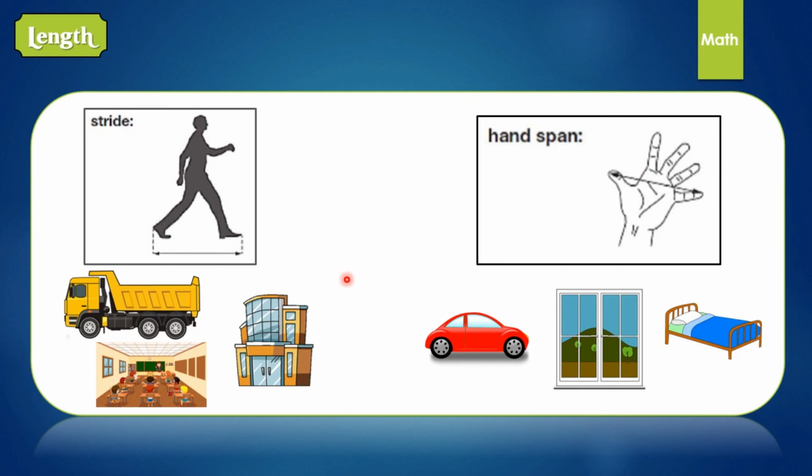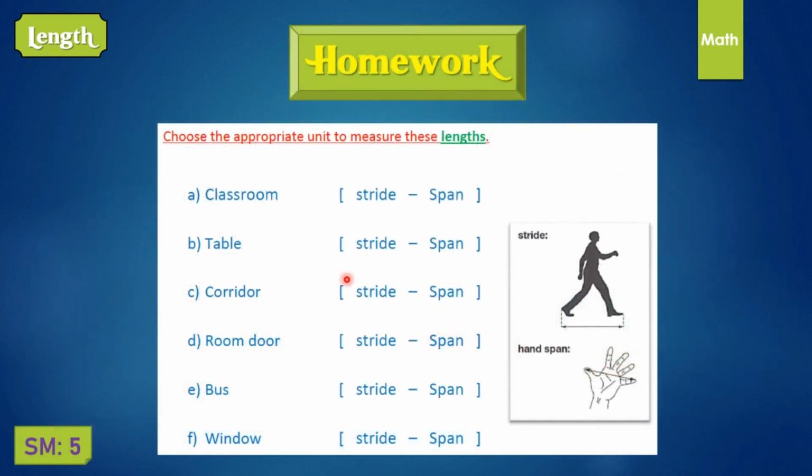Okay, I think we've finished here. This is your homework in your supporting material page 5. Choose the appropriate unit to measure these lengths. How can I measure the length of our classroom with the stride or span? How can I measure table?